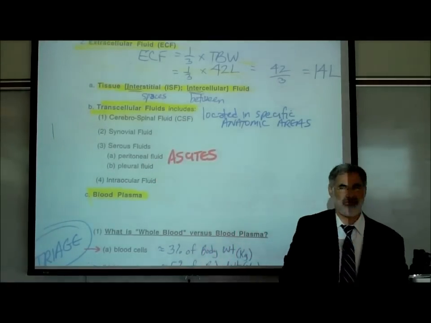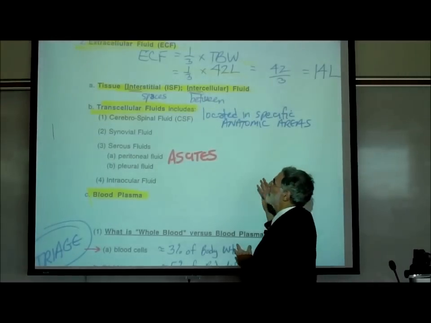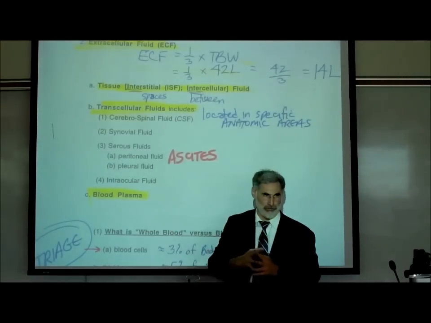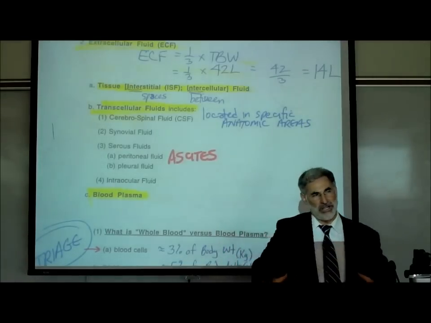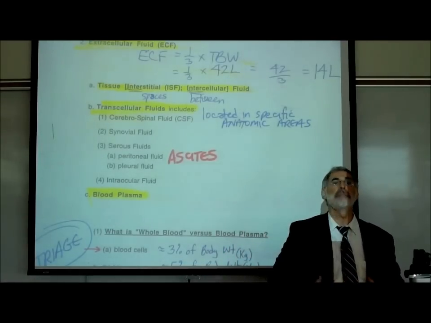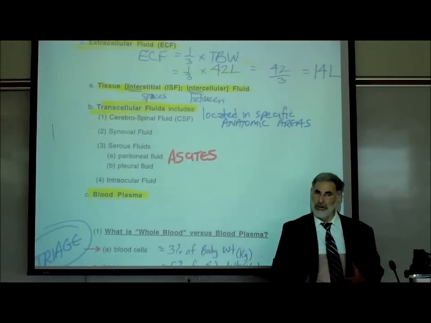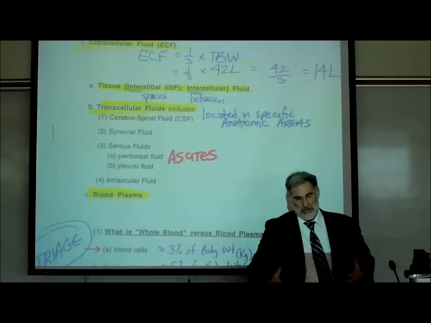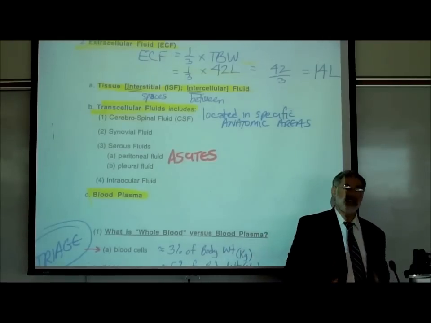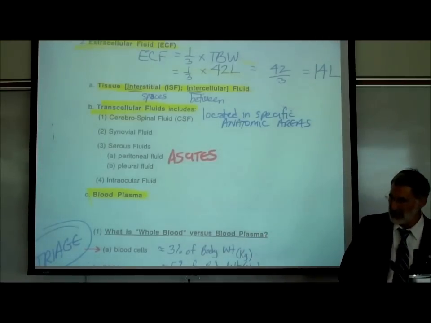All right, anatomic location. Other examples are slippery serous fluids. I call them slippery fluids. For example, peritoneal fluid. Peritoneal fluid is secreted by peritoneal membranes in your abdomen. And so this is a fluid in your abdominal cavity. It is confined and located in the abdominal cavity. It's called peritoneal fluid.